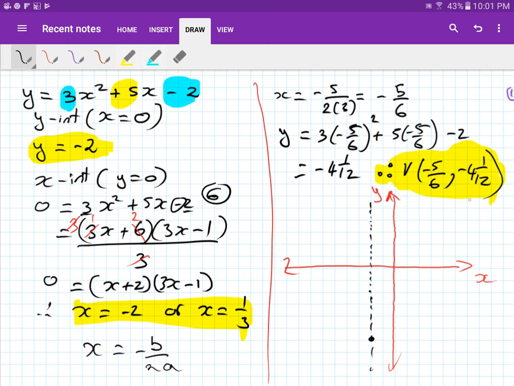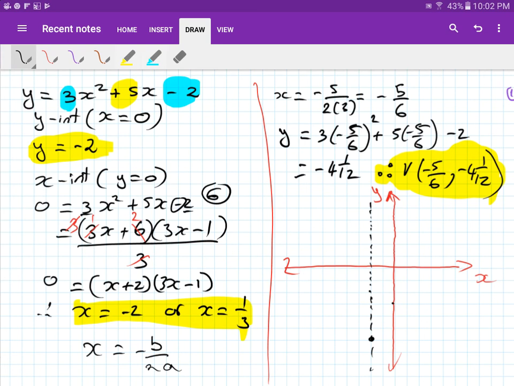The y-intercept is negative 2. Sorry, the turning point for the y value is roughly negative 4, so roughly halfway past the y-intercept, roughly here, just a rough one.